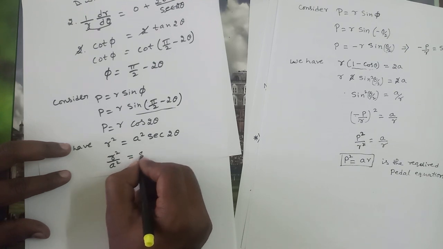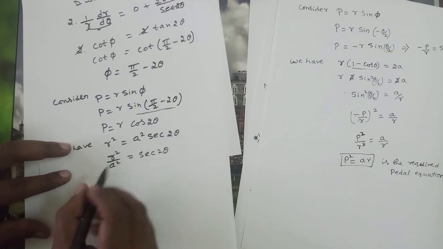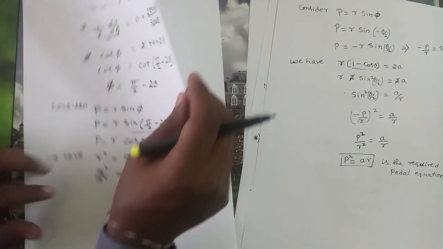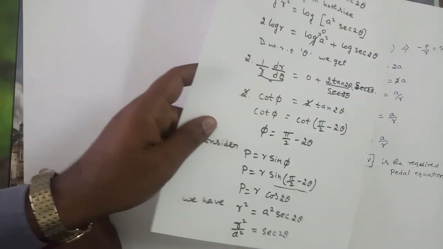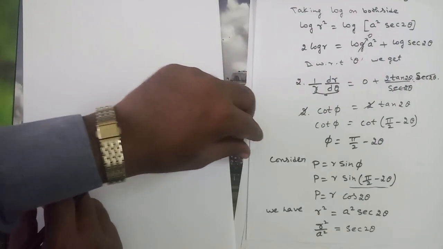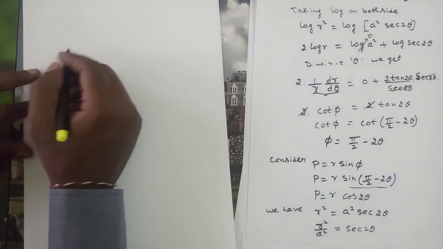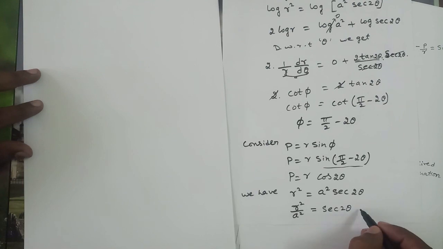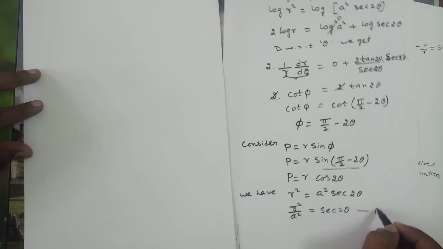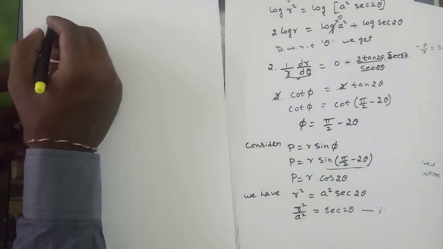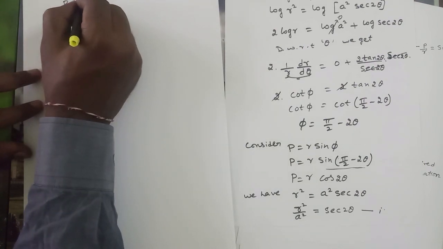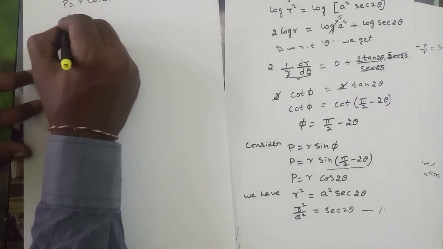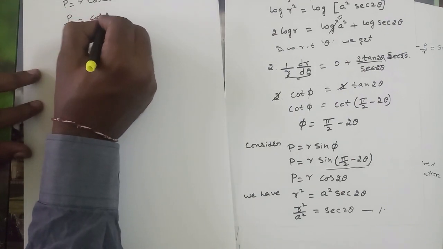So r square divided by a square is equal to secant 2 theta. I call this equation 1. And we know that p is equal to r cos 2 theta, so p by r is equal to cos 2 theta.